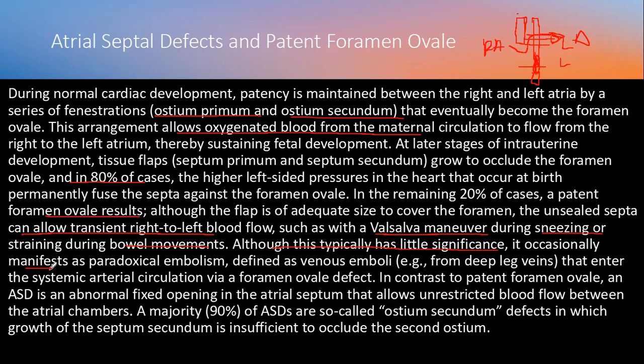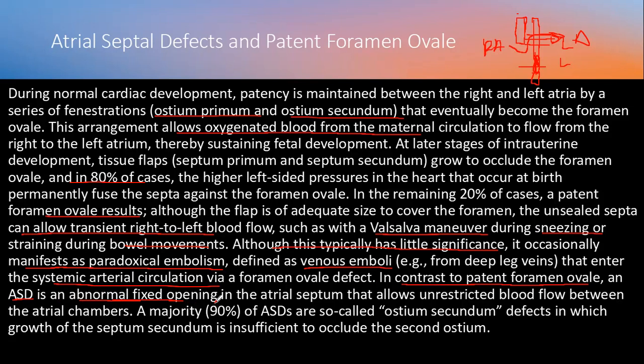it is occasionally manifest as paradoxical embolism, where a venous embolus, which originates from the right side, can end up in the systemic arterial circulation via that foramen ovale. Now, in contrast to patent foramen ovale, an ASD is an abnormal fixed opening.